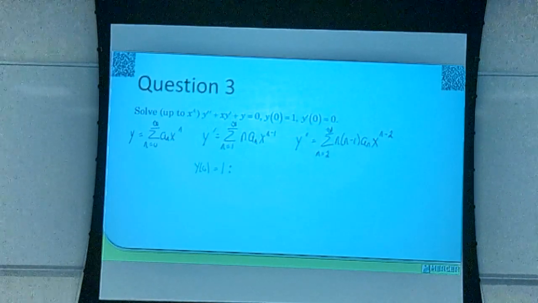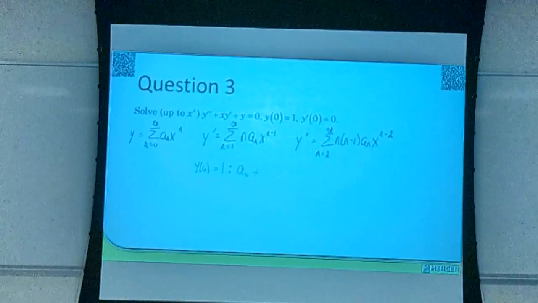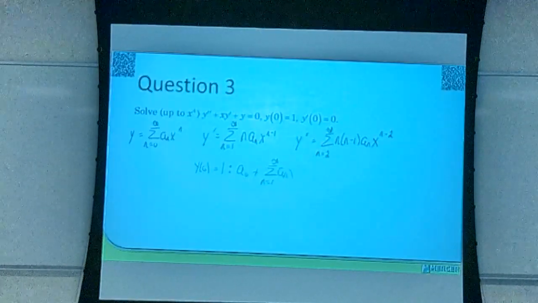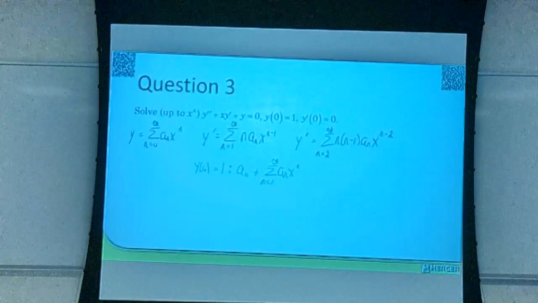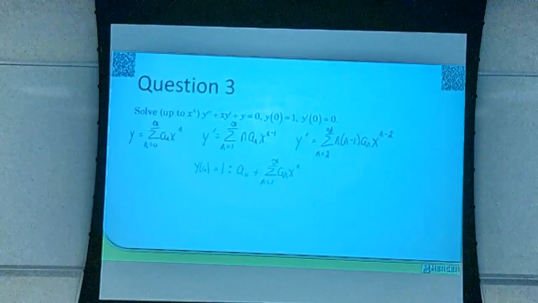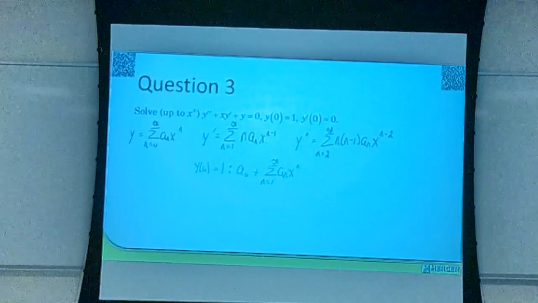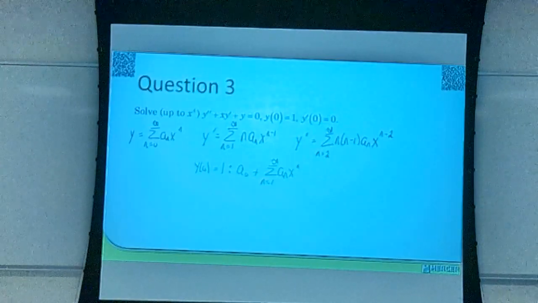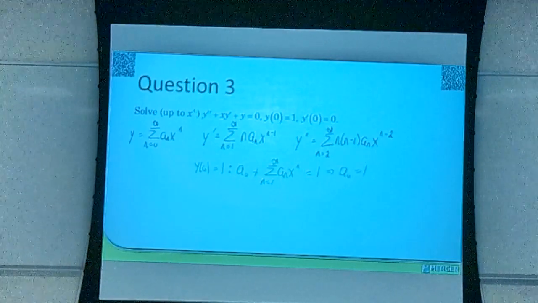Use the initial condition right away. That's what your sum would be, right? Factor out the 0 term, so a naught plus that sum. But each of those has an x now associated with it, doesn't it? That entire sum goes to 0. A naught's going to have to be 1.